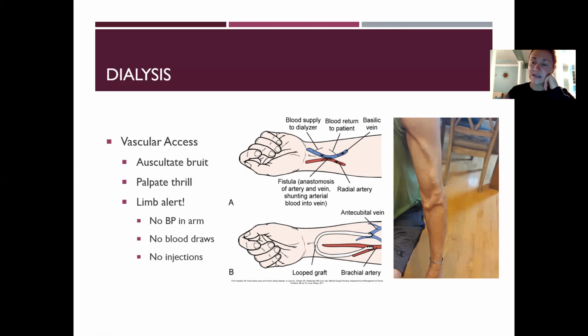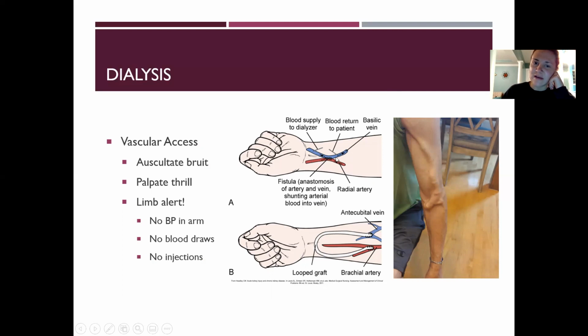That means it's intact and patent. And if you put your stethoscope over it, you can auscultate a bruit. But again, definitely would not want to take a blood pressure in that arm or put in an IV in this arm because you don't want to mess with the integrity of their graft or fistula or shunt.